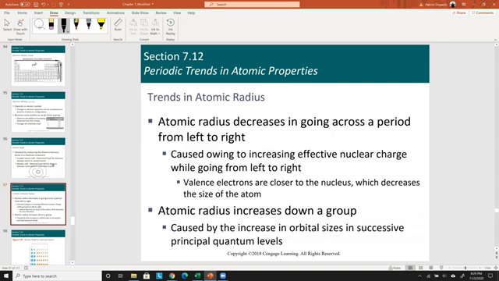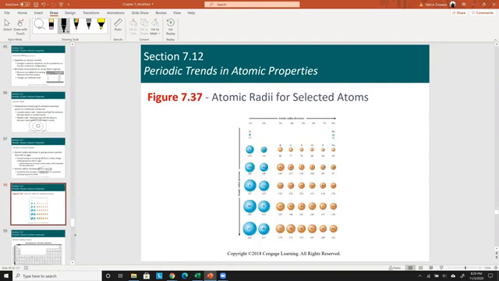Okay, so atomic radius decreases going across a period, from left to right. It increases going down a group, because you're adding more orbitals, right? Orbital size increases. So yeah, here's a good example of that. The bottom left, cesium, is the biggest, because in its row you have the least amount of protons, which means the energy levels are more relaxed and it's larger.